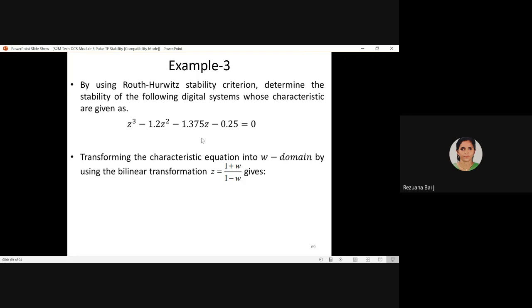I started with z square just to give an illustration of the Routh analysis with the bilinear transformation. So please do this problem, and I may also upload some practice problems that you can check before you come to Friday's class.